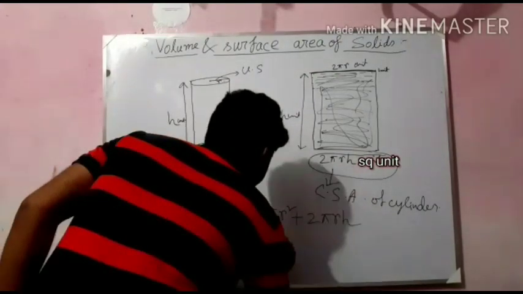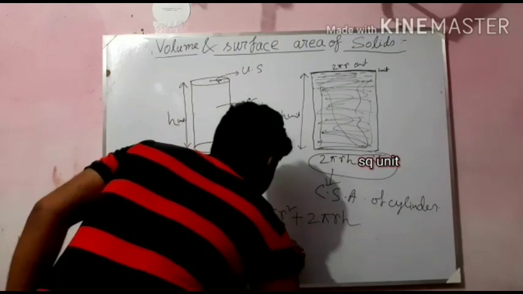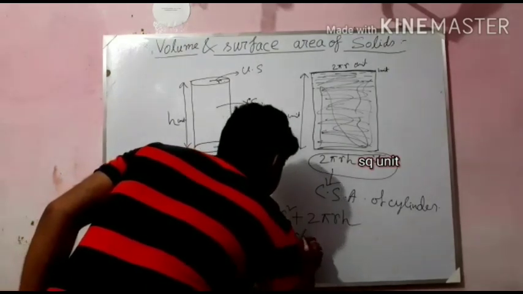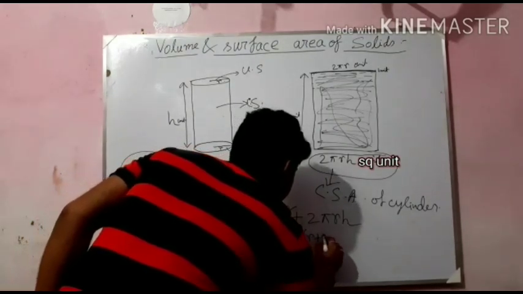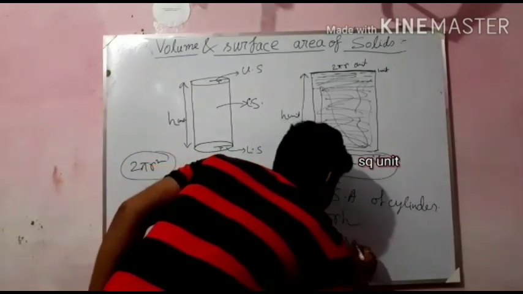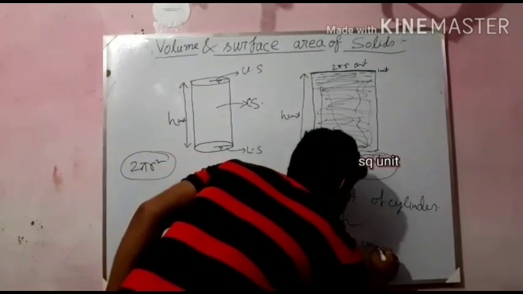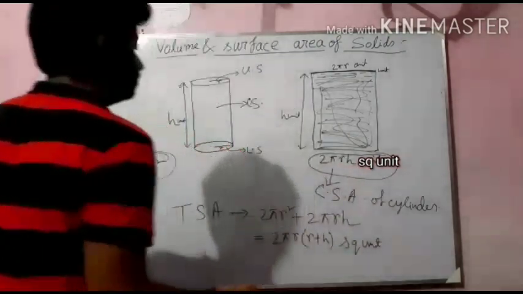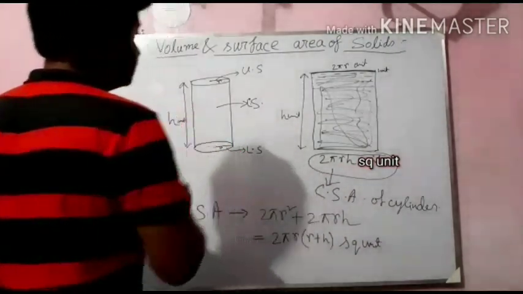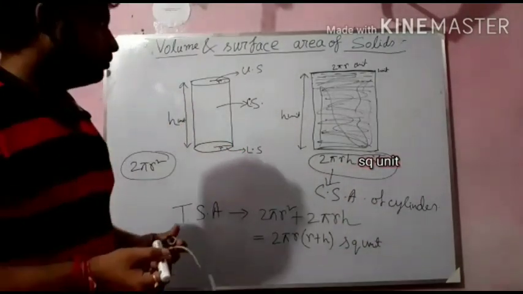If we take 2 pi r into r plus h square unit. Okay, this is the total surface area of the cylinder. I hope it is clear to you.